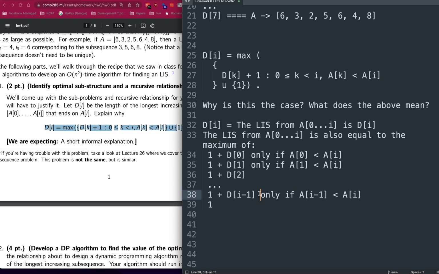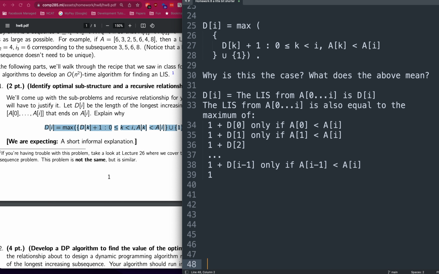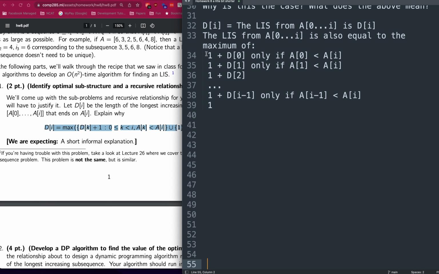Okay, hopefully you paused the video and spent a little bit of time thinking about why we are taking the maximum over all of these different values. One way to notice this is that each of these values corresponds to a case, right? So we only look at this value if a0 is less than ai. Let's focus on this first one here.